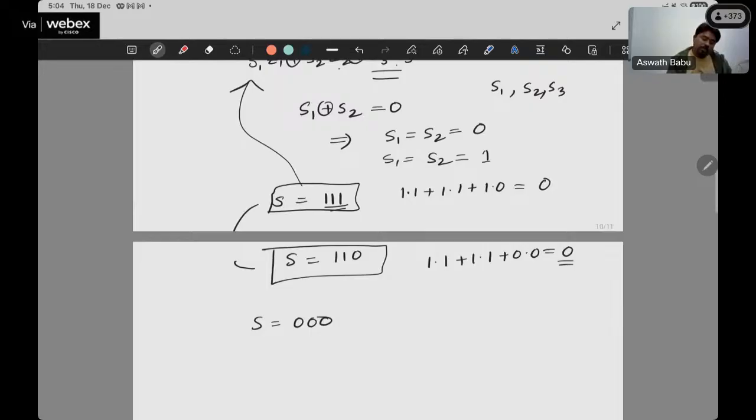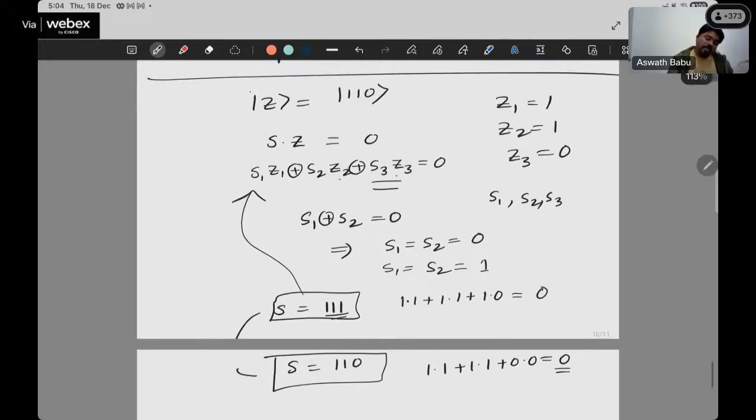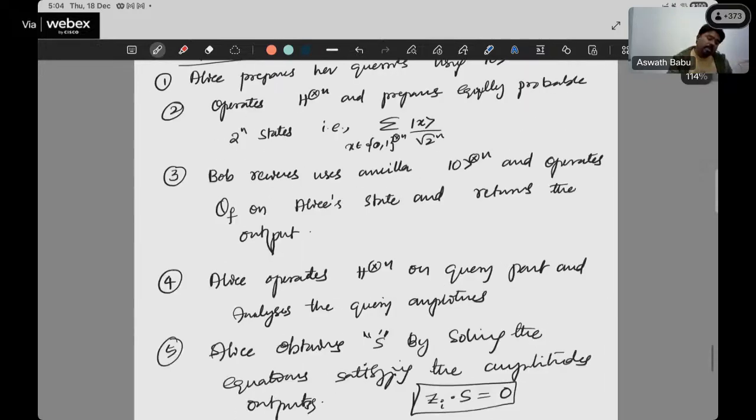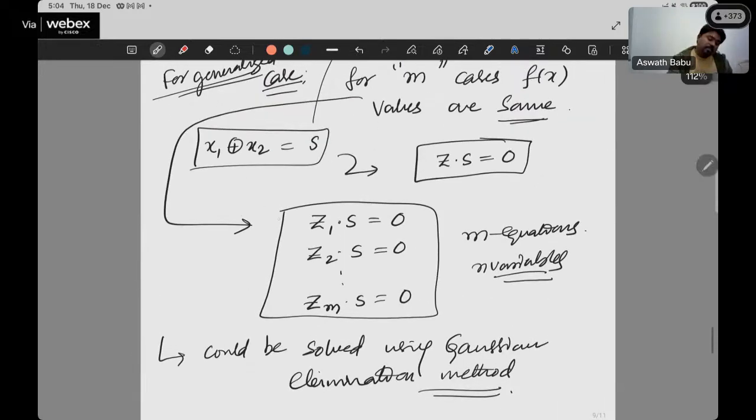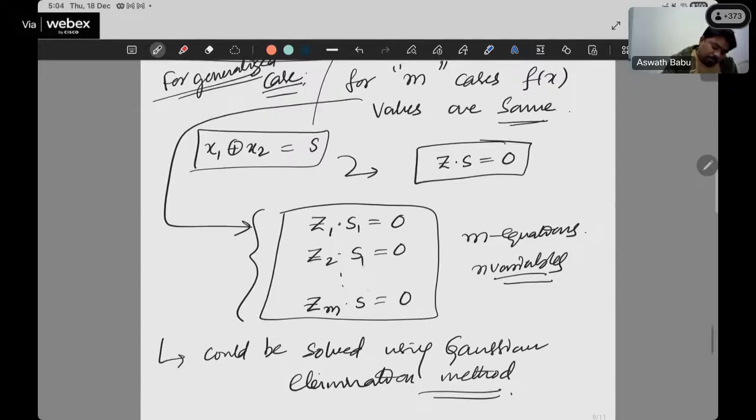This is the most obvious solution. So for finding all these cases, I need multiple equations, and we solve all these equations in one go.